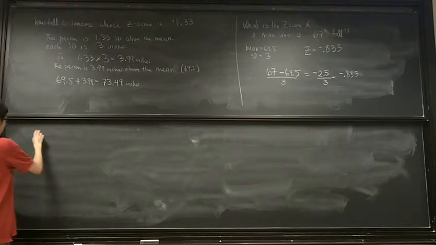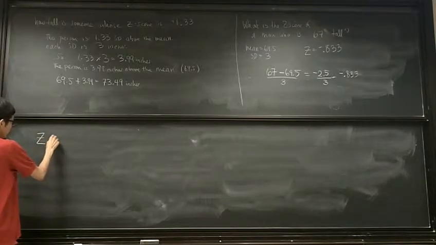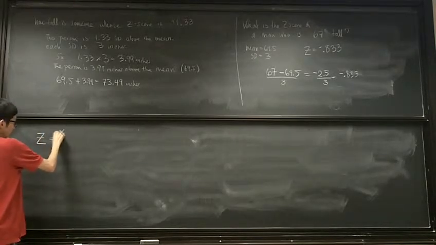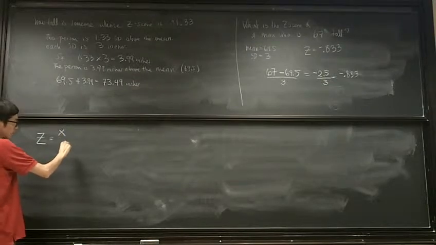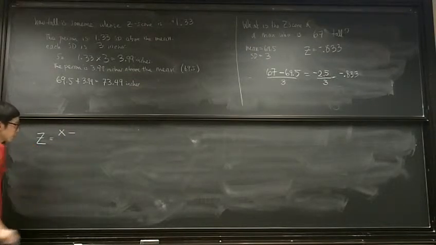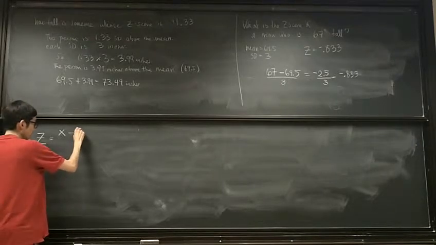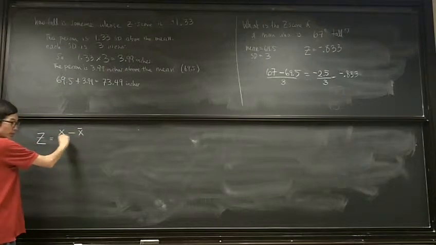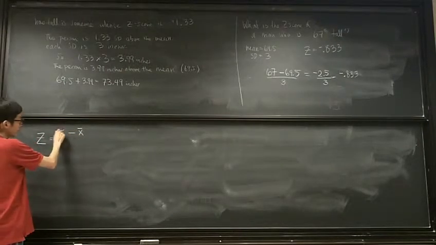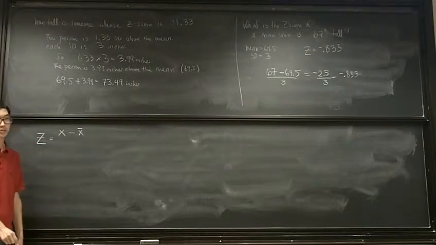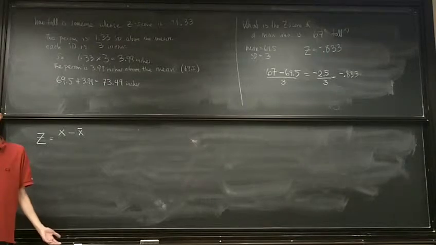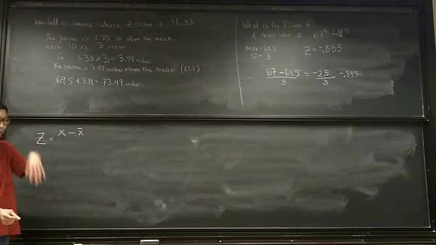Okay, so this is how we find a z-score. We take the point, and what do we subtract from the point? The mean, okay? And this gives us what? If I do x minus x bar, this tells us how far away we are from the mean.